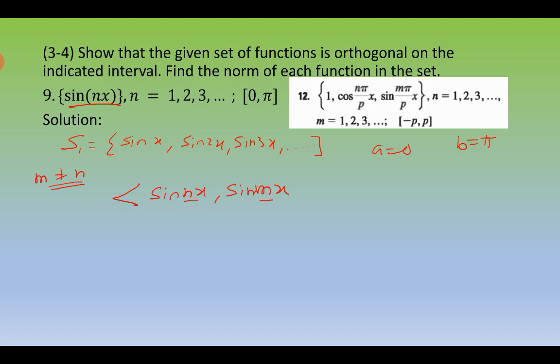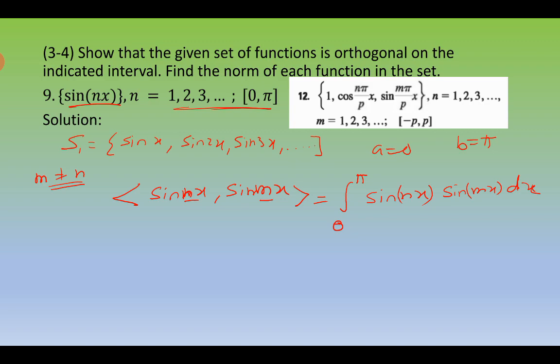This n and m can be any two different numbers, maybe 2, 3 or 3, 4. If we take general n and m, we can generalize the concept, so it may be true for all values of m and n. The formula is the integration from lower limit 0 to upper limit pi of sine nx and sine mx dx.